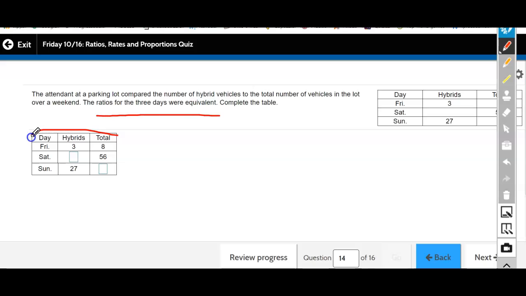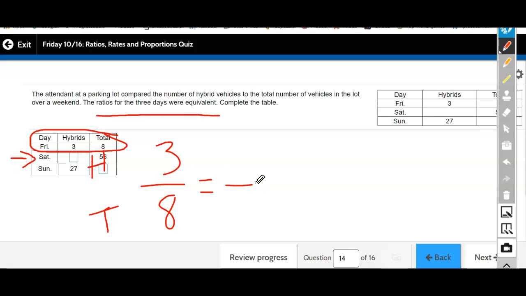We're going to use this data they give us for Friday as our initial ratio. So I'm going 3 to 8 because I am putting hybrids over total vehicles. That equals then, I'm going to try and find Saturday's hybrids. So where is the 56 going to go on my next ratio if I'm setting up a proportion? Bottom, because that 56 is total, and total is what we're putting on the bottom.